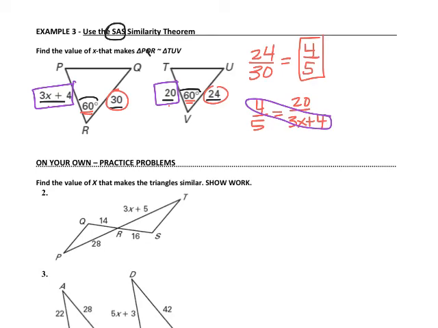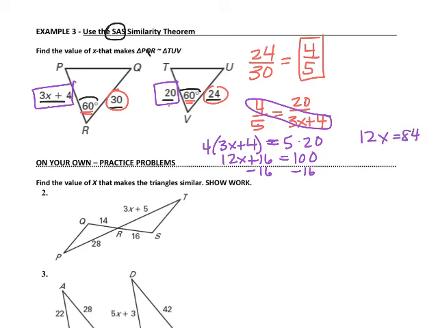So again, 4 times 3x plus 4 is how you want to do this, and then distribute that 4. All right, so we're going to have 12x plus 16 equals 100. Okay, the 5 times 20 is 100. So if I subtract 16, I'm going to end up with 12x equals 84.